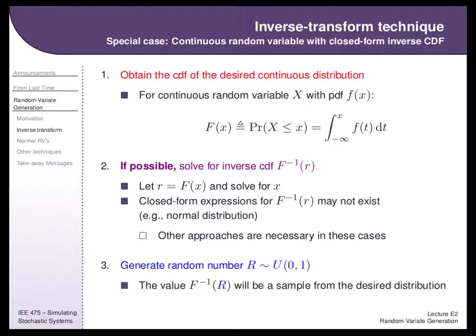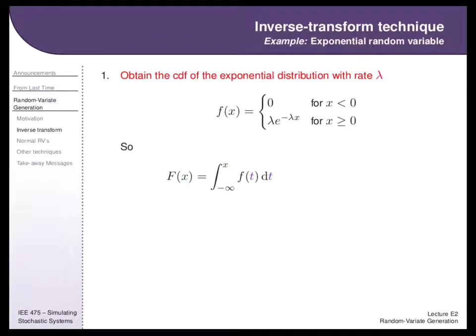To make that more concrete, let's say we want an exponential, and we don't have that nice expo function in Arena. Here's the PDF for an exponential. This is the basic formula for a CDF. I need to calculate the CDF of the exponential. Well, this exponential technically has two pieces. It's 0 below 0, and it's only this nice exponential shape for 0 and above.